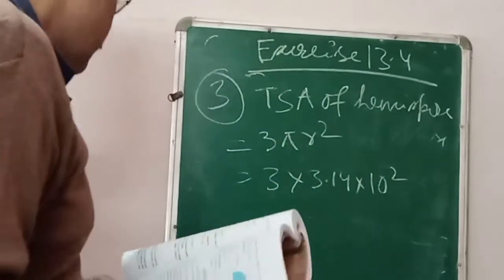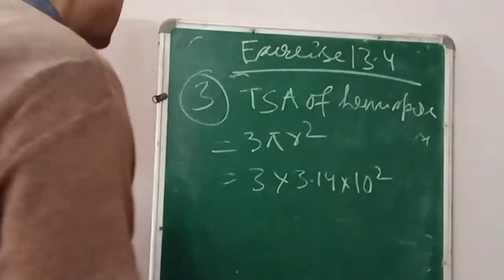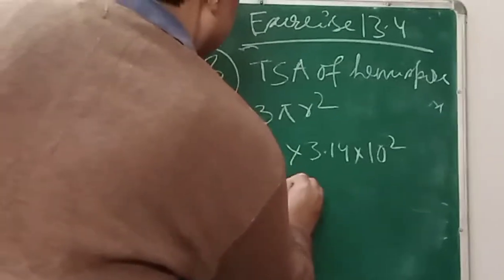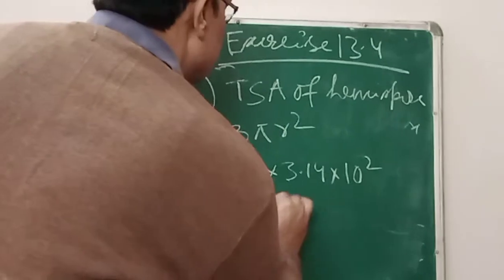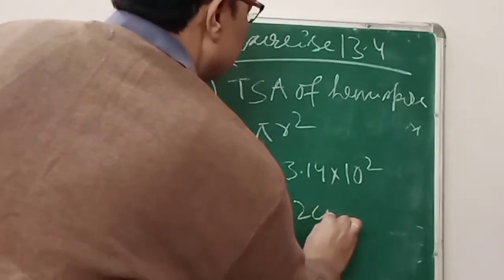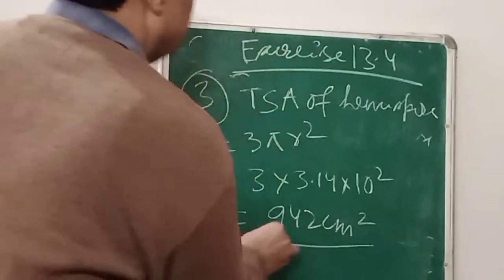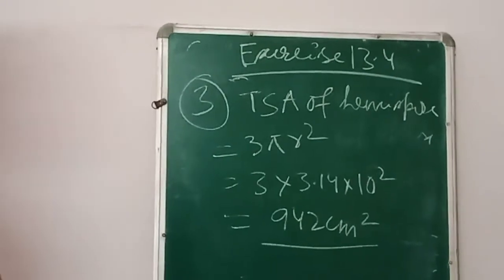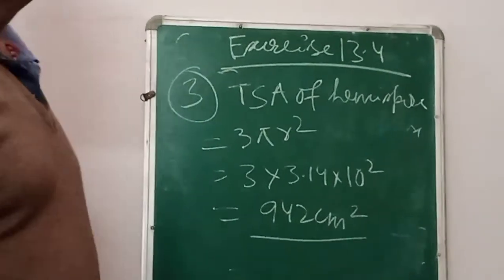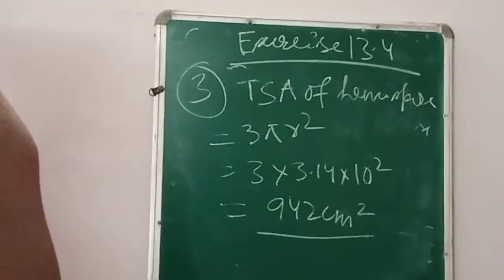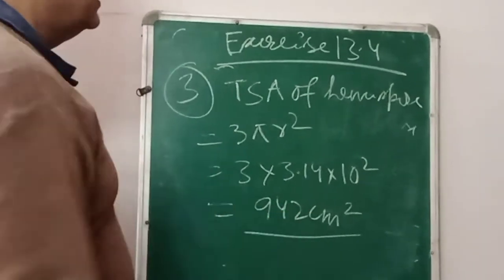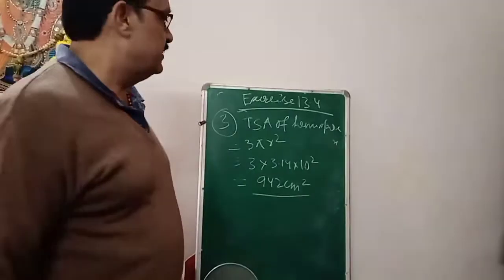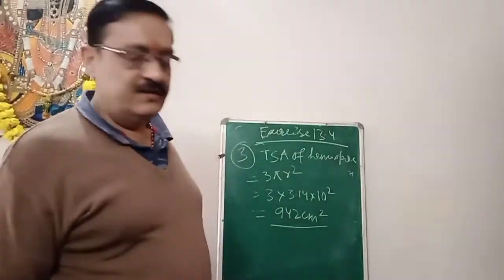So this is 942 cm square. So the TSA of hemisphere of radius 10 centimeter would be 942 centimeter square. This was about the third question.